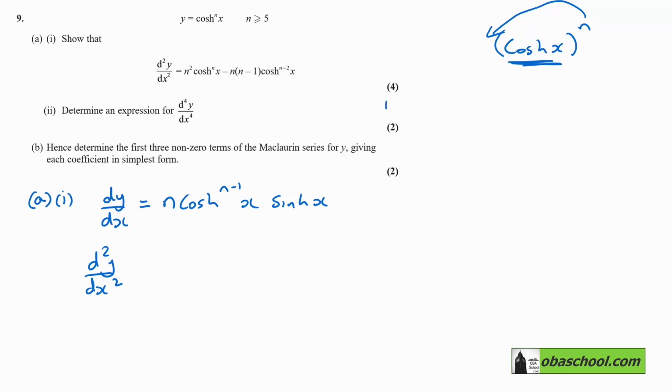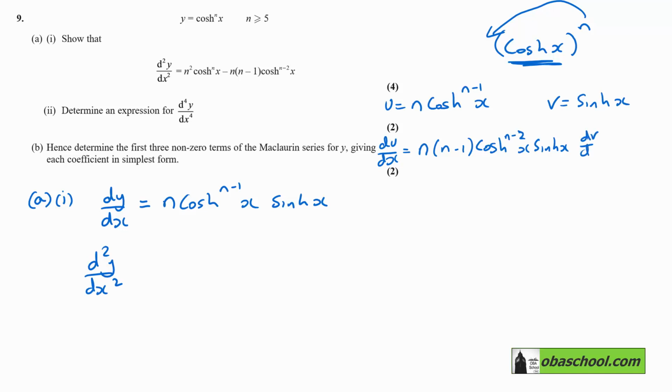So I'm going to let u be equal to n cosh n minus 1 x and v be equal to sinh x. du dx then is going to be n minus 1 cosh n minus 2 x sinh x, again using the chain rule, and dv dx is going to be cosh x.